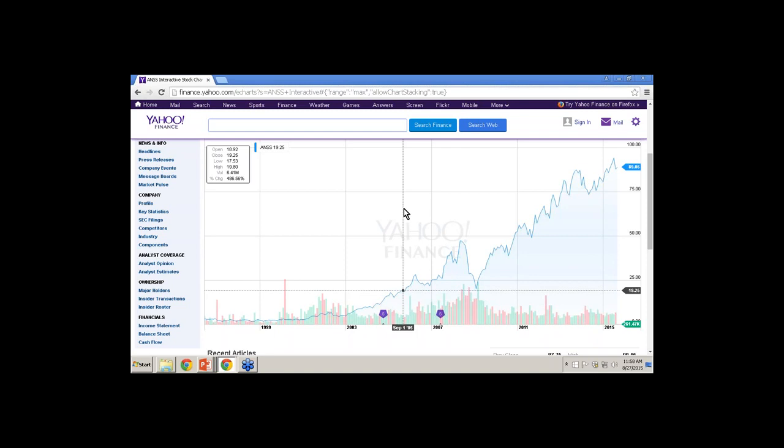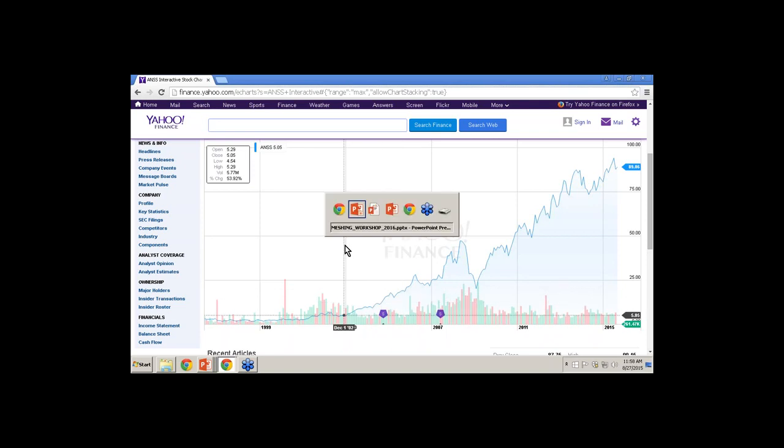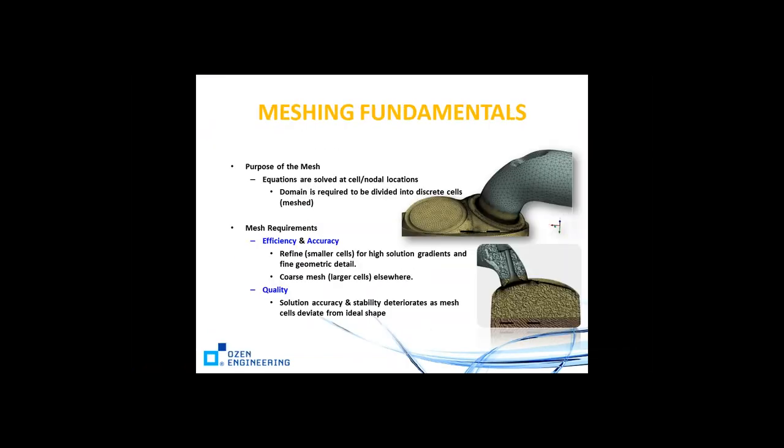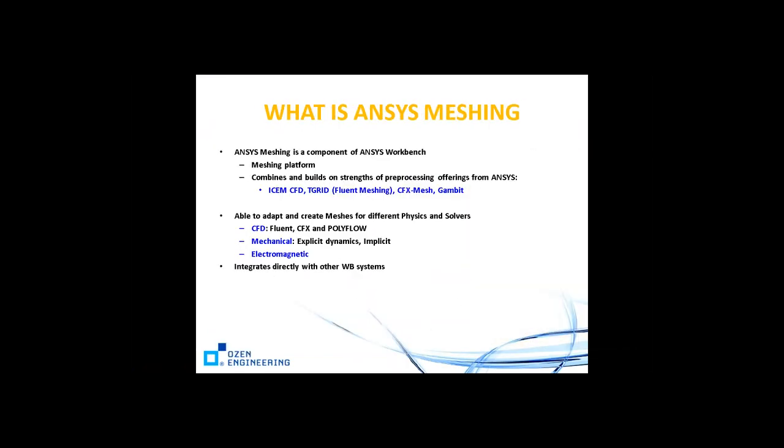And they bought that company, added it to the ANSYS portfolio, and then in 2003 they bought CFX. Then you started seeing a climb in the ANSYS stock, and it's still going up. But the point I'm trying to make is ICEM CFD was the very first company that ANSYS acquired.